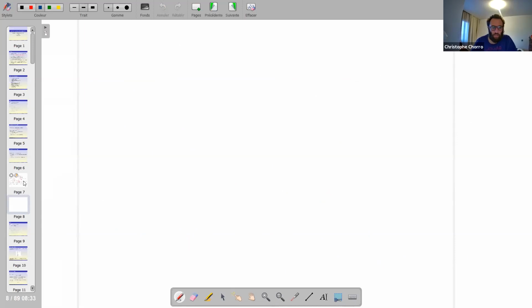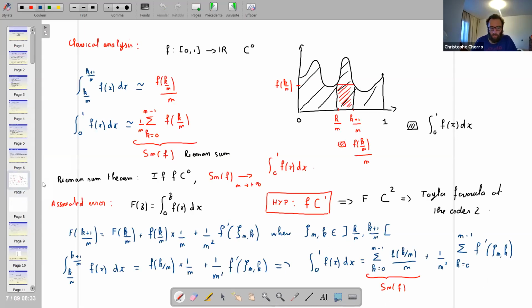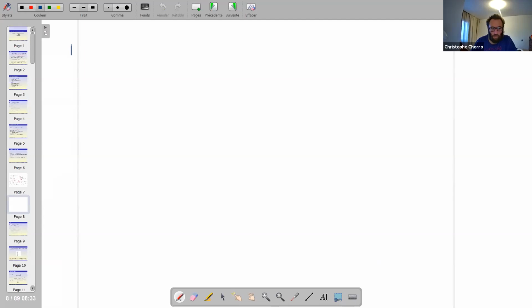So using what I have done previously, the integral between 0 and 1 of f of x dx minus my approximation can be bounded by the absolute value of 1 over n squared times the sum from k equal to 0 to n minus 1 of f prime of c n k.